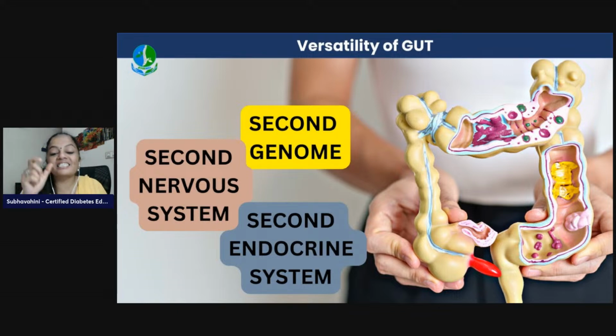Likewise, there is an enteric nervous system which is connected with our nervous system. It is connected with our brain. So this gut is also called a second brain. You would have heard it. Gut is called a second brain. This enteric nervous system helps in regulating various digestive processes.